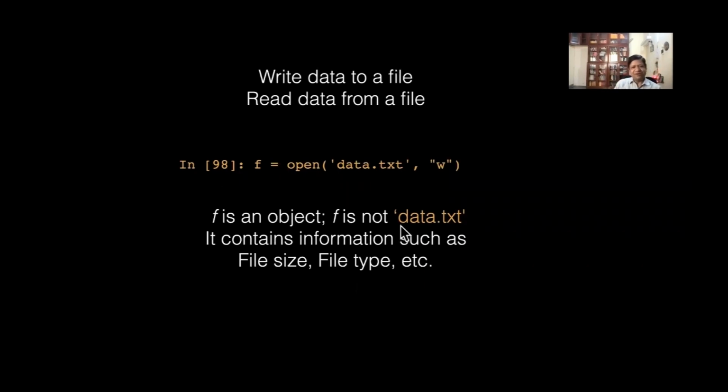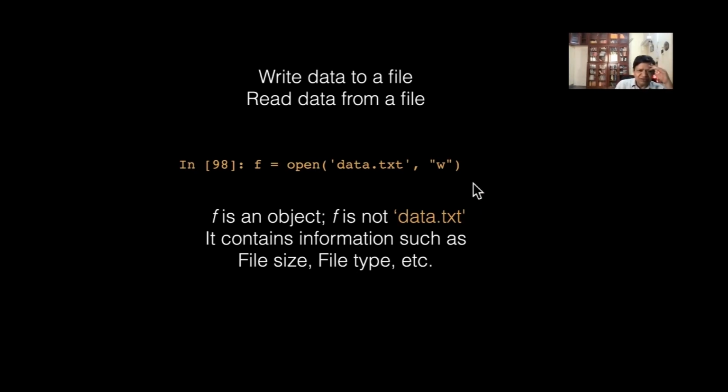You need to differentiate this. So data.txt is not the same as f. f will contain file size, file type. It has lots of information which it needs for read, write, and things like that. You don't need to know much more than that, but the contrast must be clear.